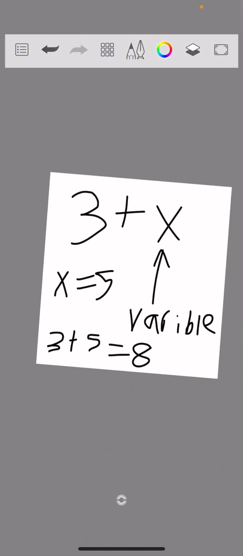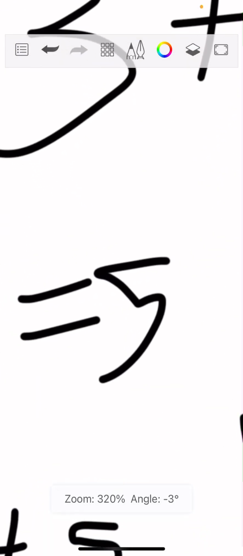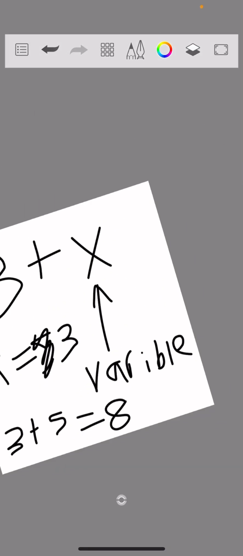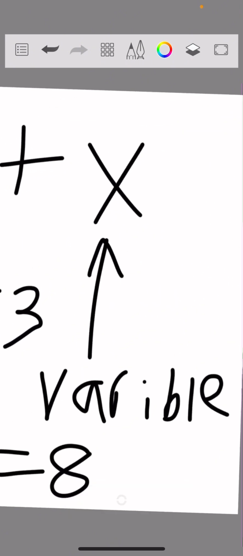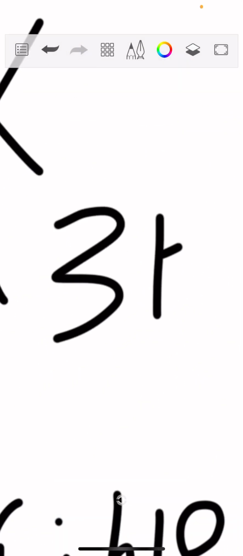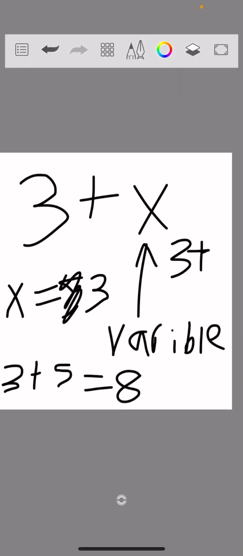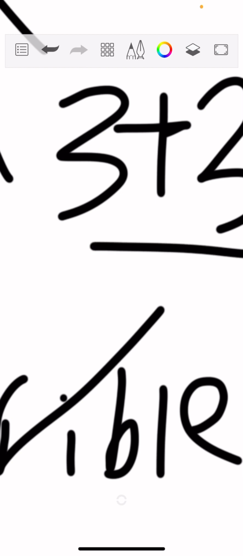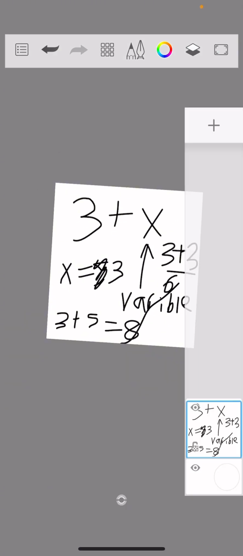But it also changes. Like in, let's say, another question, x equals 3, because it can change in different problems. So 3 plus x, if x equals 3, you just replace x with 3. 3 plus 3 equals 6.